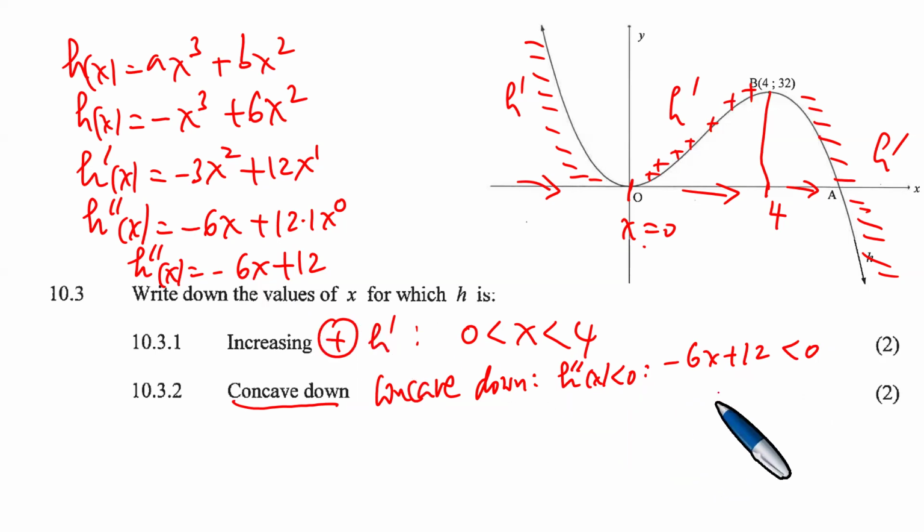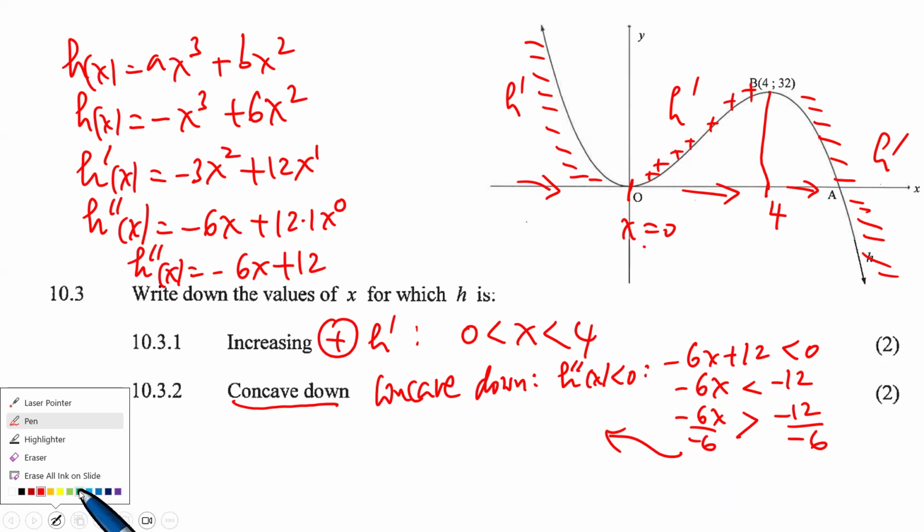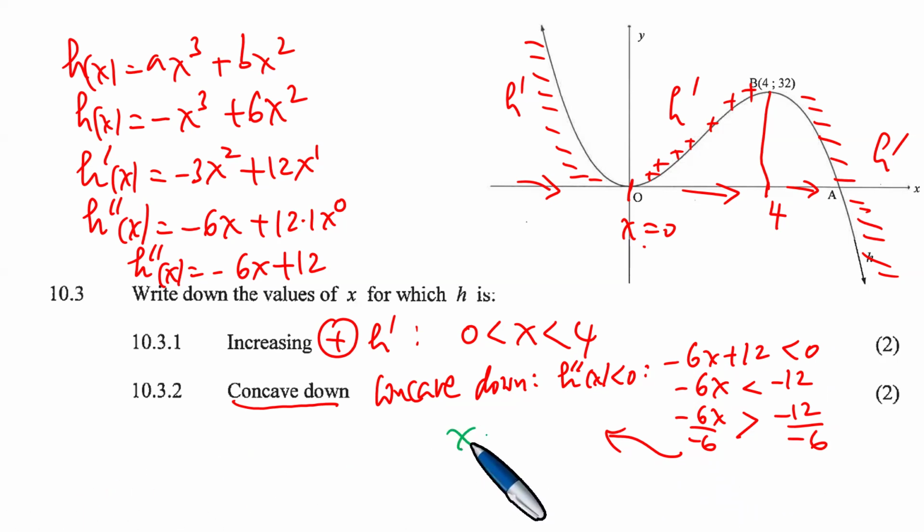So we now need to solve for x, which means that 6x is greater than 12. Dividing by minus 6, the inequality must change direction because we're dividing by a negative number, so we have x is bigger than 2.